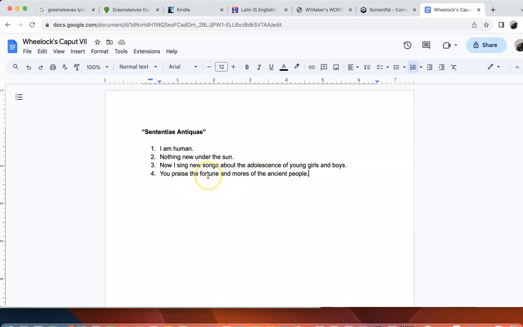But literally, when we say you often praised how people of old lived, that really doesn't tell us a whole lot. Whereas if we say fortune and mores, then we know the reason why you are praising them. So this is a case where actually, even though the translation sounds a little bit wooden, it's a little bit more vivid in terms of its meaning.